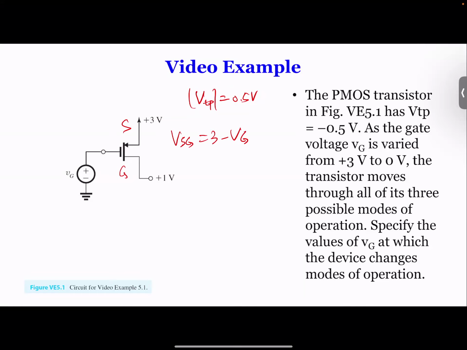That means your VSG changes from 0 to 3 volts. And within that range, you can imagine that your transistor goes from off to triode to saturation. So because your VTP is 0.5, at what region would you have off?